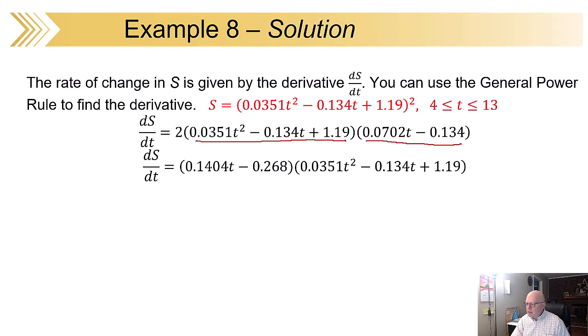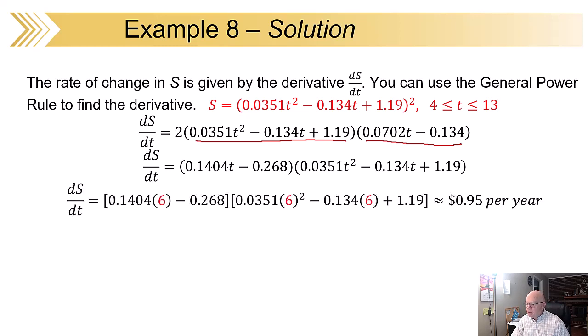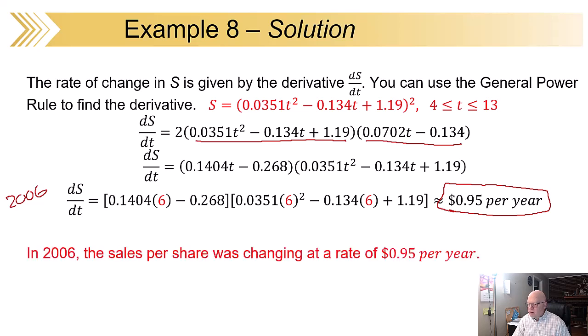Simplify a little bit. And that's ds/dt. And this is for 2006. When you put those in your calculator, there's what you get. Your shares are increasing. Notice the plus. They're increasing at 95 cents per year.